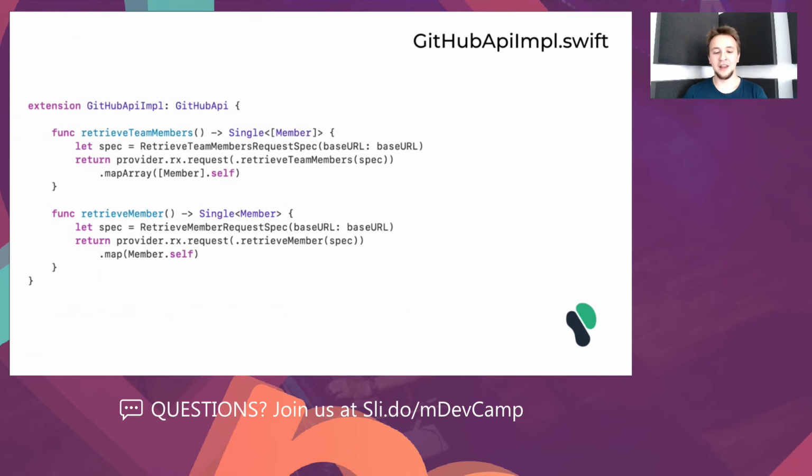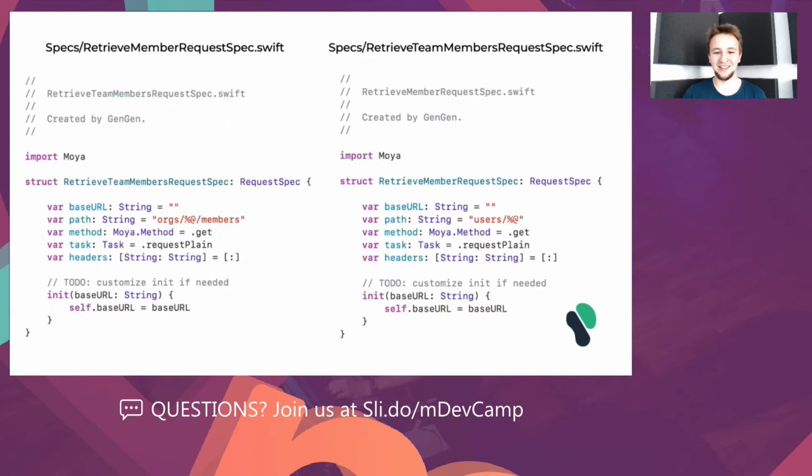And as you can see, we have both requests prepared to be called, and the response is going to be mapped onto the types that were specified in the input. And there are also these spec objects initialized, and those look like this, which is basically the closest we could get.